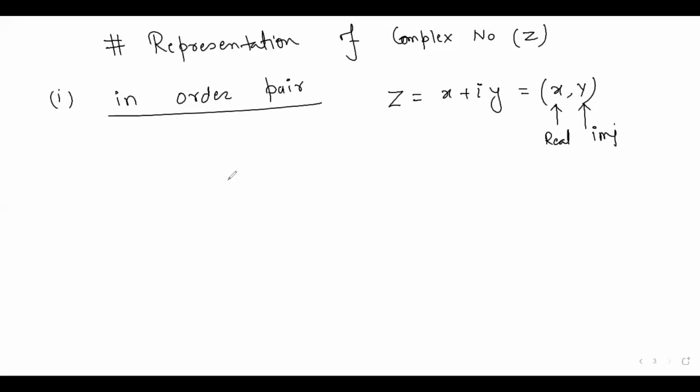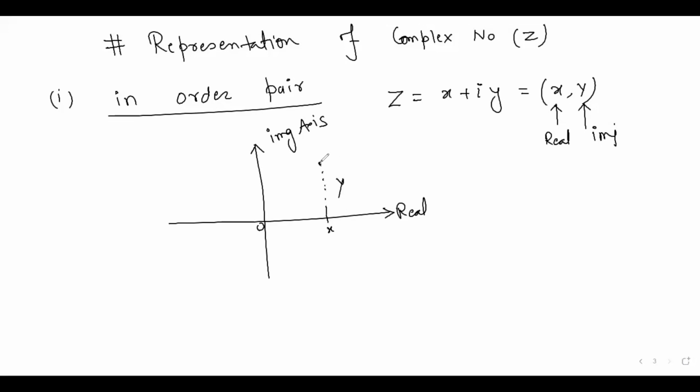For the representation here, we have the Argand plane, not the Cartesian plane. This is the imaginary axis, this is the real axis, and this plane is called the Argand plane. On the real axis you go x units, and on the imaginary axis you go y units. This point will be z, which can be represented as x comma y. So this is the first form, the ordered pair.